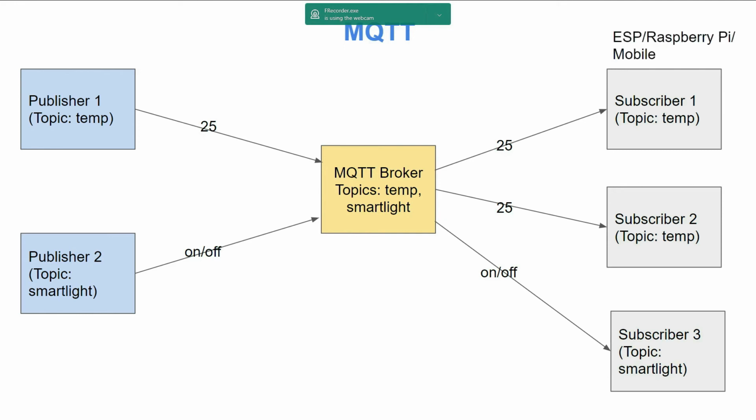A subscriber could be anything, like our ESP development board, our Raspberry Pi, our mobile, anything which understands the MQTT protocol. In a similar way, who could be the publisher? A publisher could be anyone like ESP, Raspberry Pi, mobile, Alexa. All we need to make sure is that whoever is the publisher, it understands the MQTT protocol.